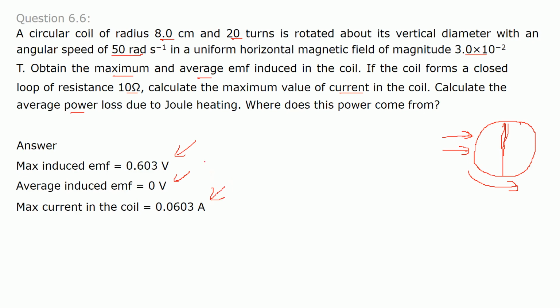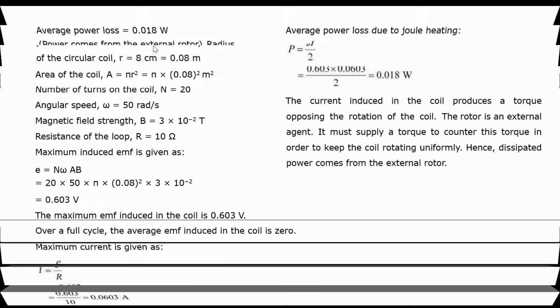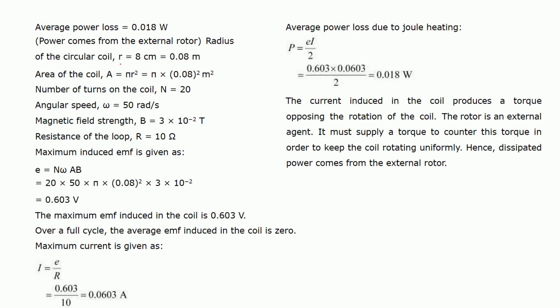These are the answers. But how do we get this answer? What we have to do here is, the average power loss is also there. So we'll put one value and then start computing it. How do we arrive at these values?